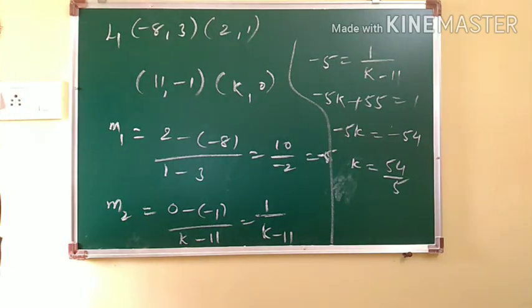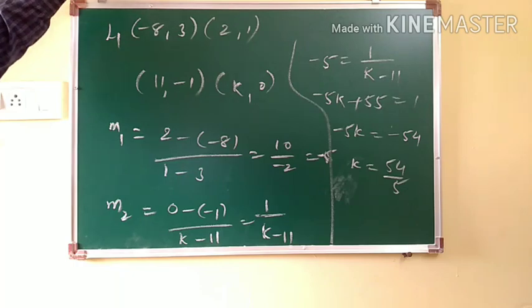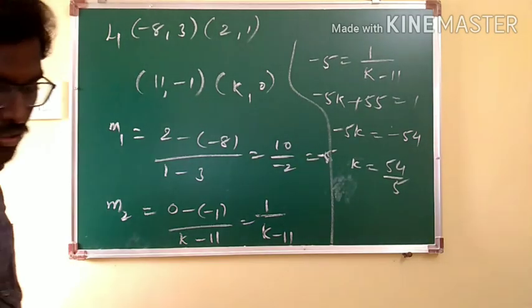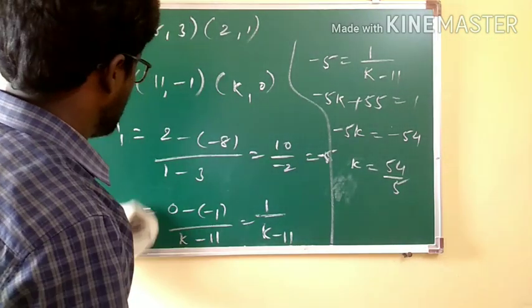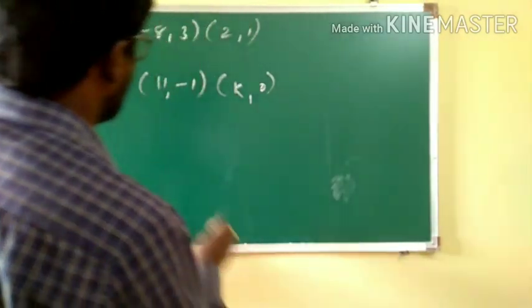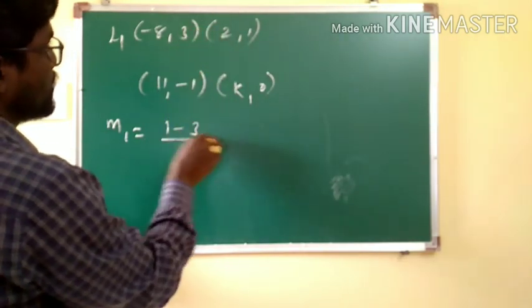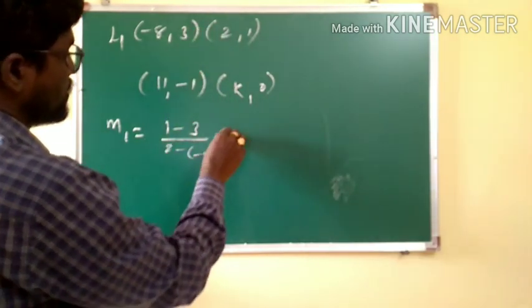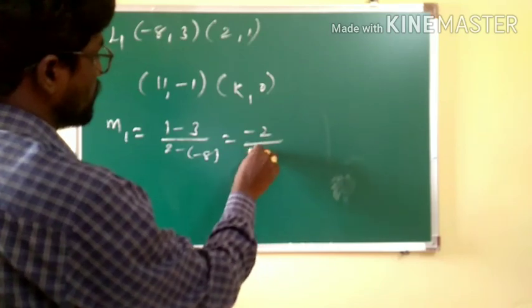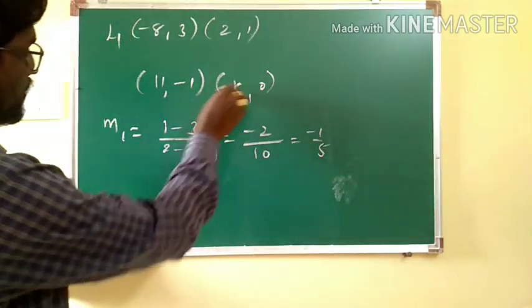The points are (-8, 3), (2, 1), (11, -1) and (k, 0). Something went wrong, sorry. We are supposed to take y2 minus y1 by x2 minus x1. M1 is equal to 1 minus 3 by 2 minus of minus 8, that is minus 2 by 10, which is equal to minus 1 by 5.